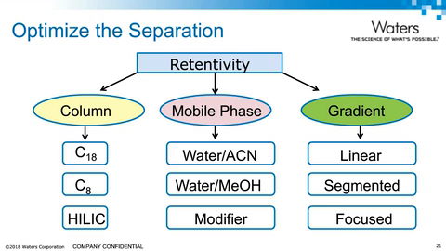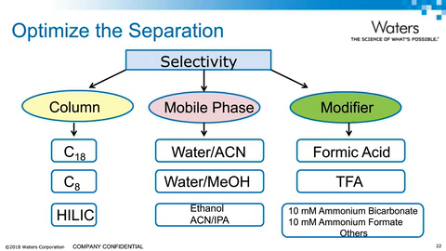Selectivity is also impacted by column, mobile phase, and modifier, and sometimes the selectivity can even be more drastically modified if we think about using other types of mobile phases, such as mixtures of acetonitrile and isopropanol, which are especially useful for peptides.